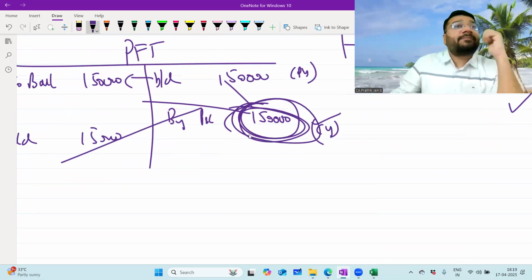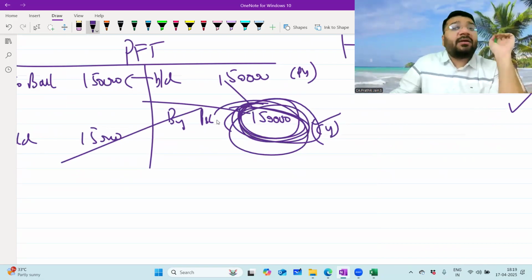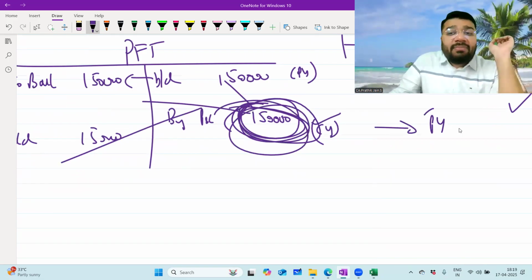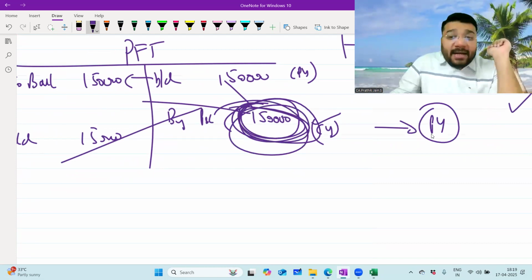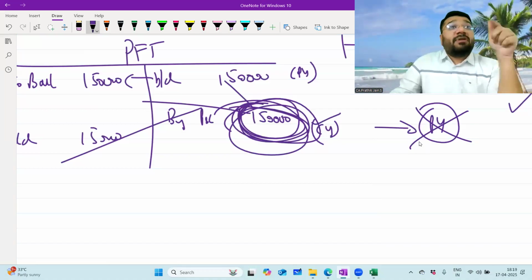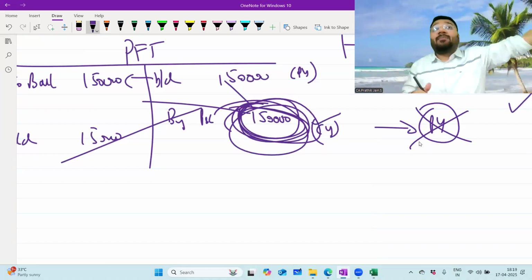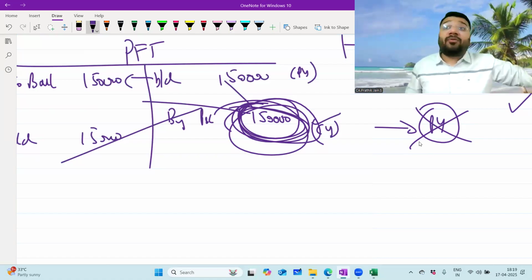Current year provision is given. I'm assuming that whatever provision is created in the current year, the same provision is created in the previous year. 2 things you have to check. When can the current year provision not be the previous year provision? If the business started only in the current year, previous year provision is not possible.